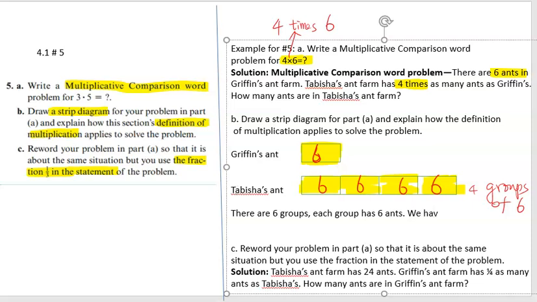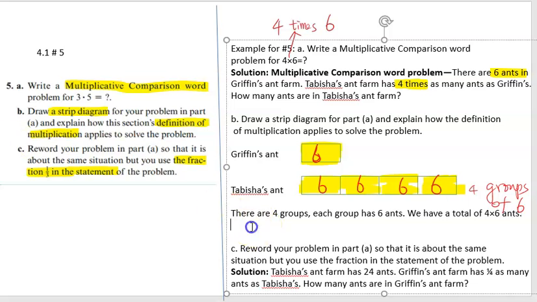So we have a total of 4 times 6 ants, which is 24 ants. 4 times 6 ants.